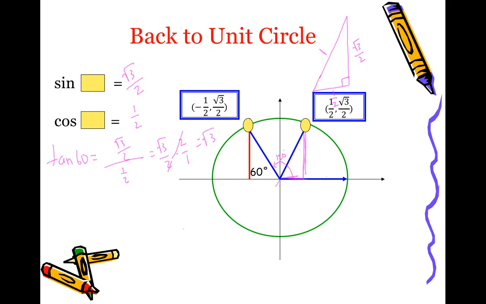If we put this in the next quadrant, now it's 60 degrees. The reference angle is still 60, but it's going to be 60 degrees past 180. That's going to be what, 240? So if we went all the way around here, 240, that's going to be negative.